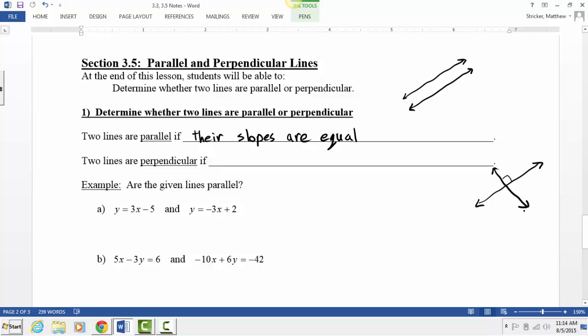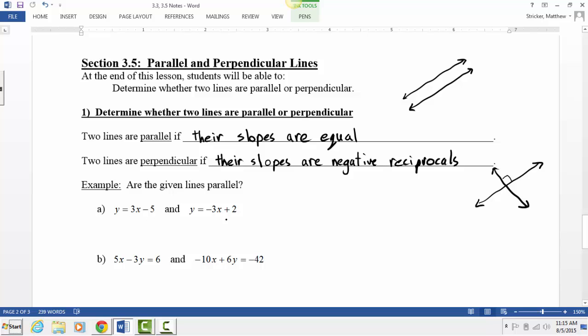So the slopes are always going to be opposite signs. And it turns out that two lines are perpendicular if their slopes are negative reciprocals, meaning they have a different sign and the slopes are reciprocals of each other. So we'll talk about what reciprocal means here in a second.